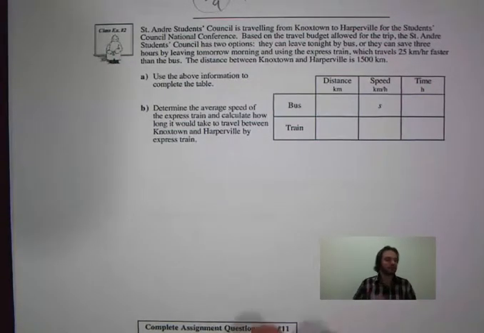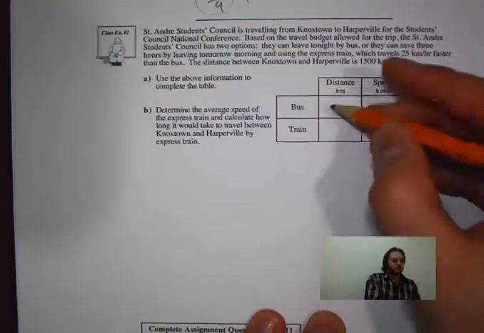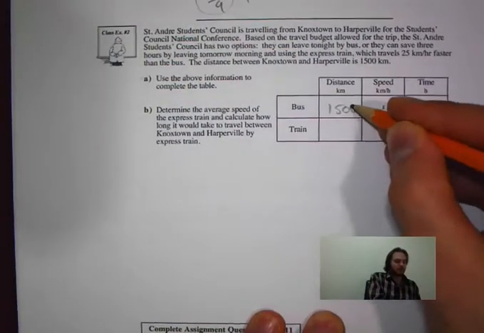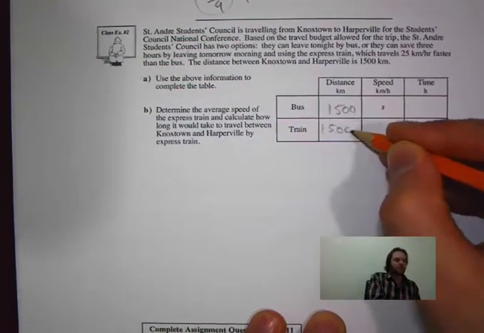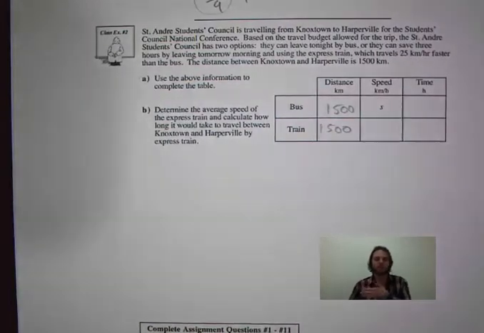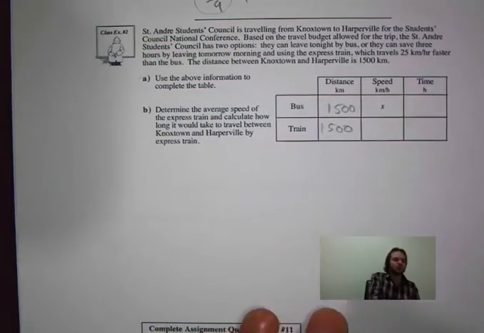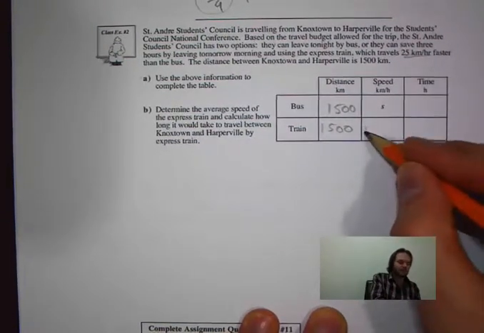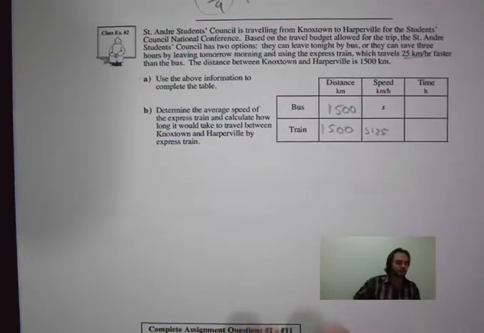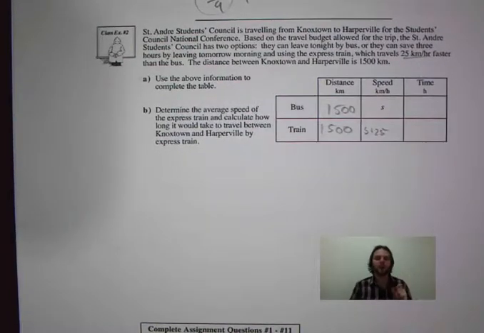So let's complete the table, and we're done A. So we have 1,500 for this one too. Doesn't matter. Distance is going to be the same for both train and bus. So what is the speed? If this is S, the train, it says, is 25 kilometers per hour faster. So that's S plus 25. Okay? Now what about the time?